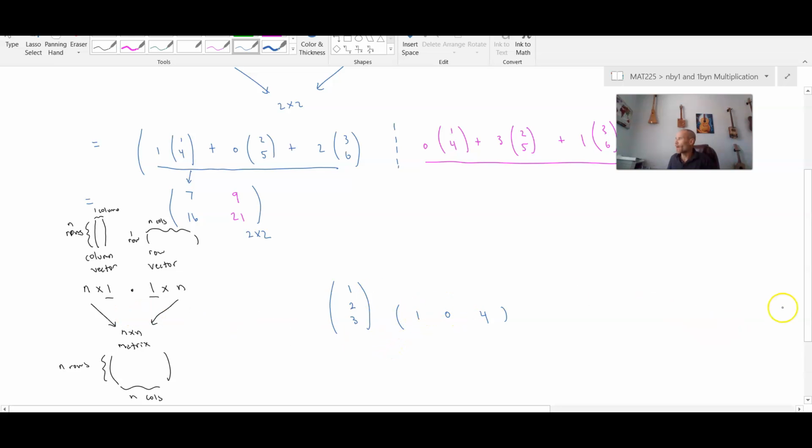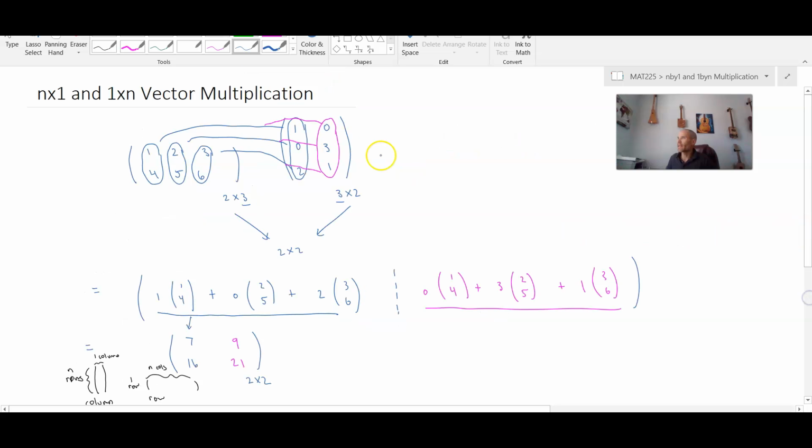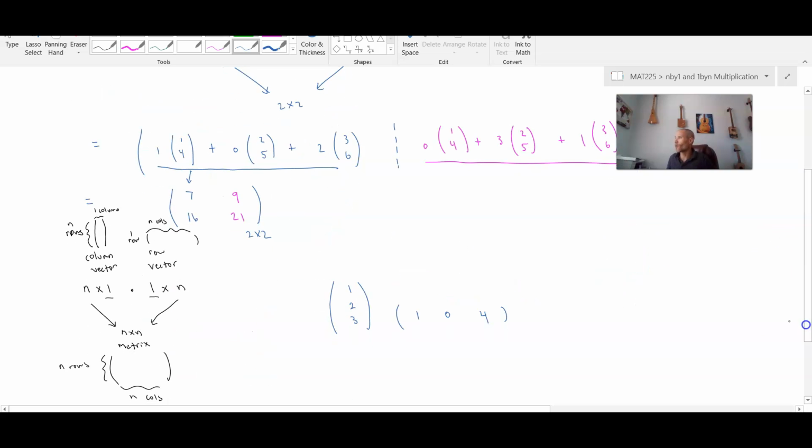But when we think about this process, we have to think about it in very much the same way as we did when we had matrices that were not vectors. So how did we start? We said that all of the columns in the first matrix, well, there's only one of them, gets multiplied by the first column of the second matrix.